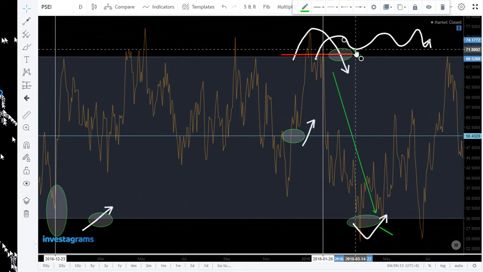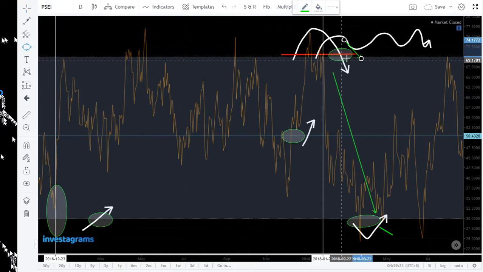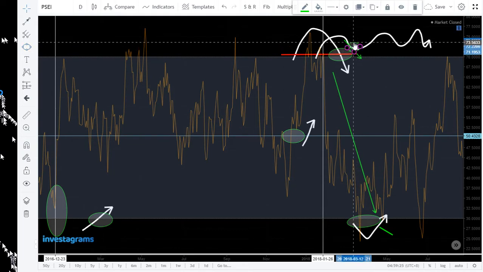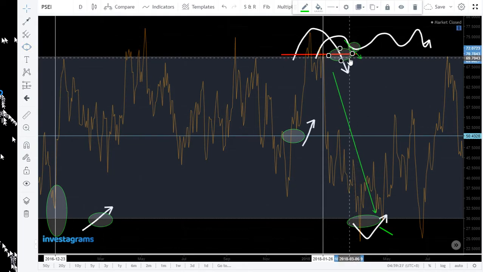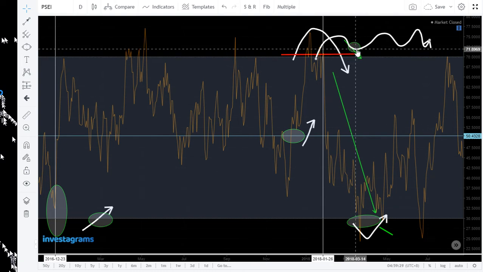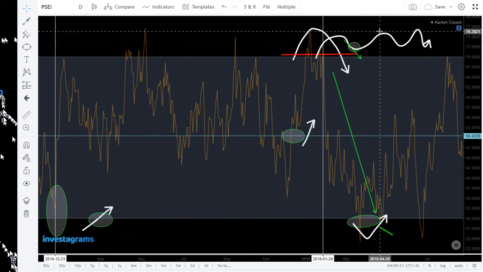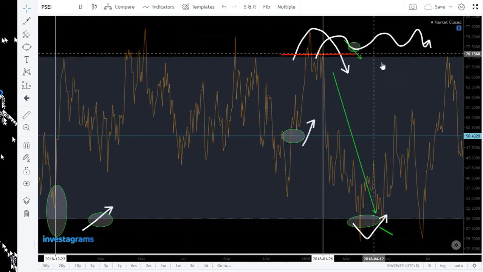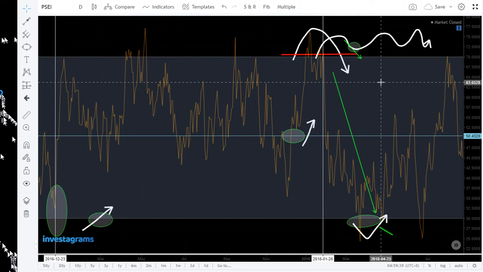Sometimes you have to consider this as a continuation of the bullishness of the stock. Na-reach niya na tong level na to, meaning baka umakyat pa to. And some stocks went up abruptly on this particular level, above the overbought level.